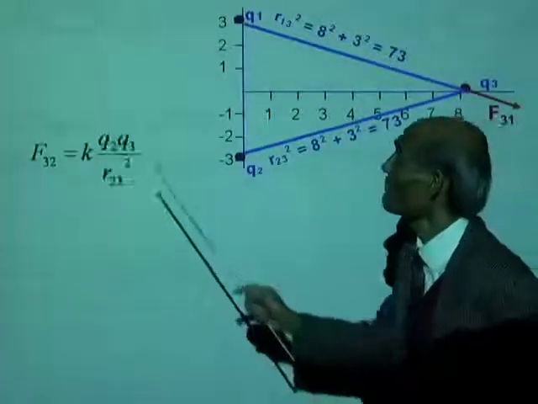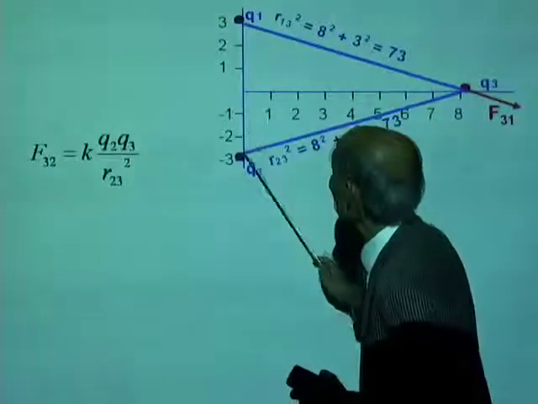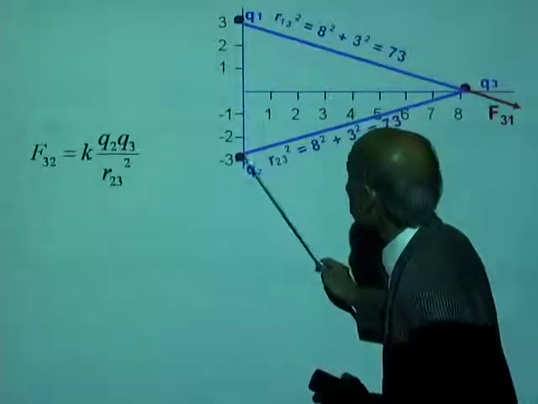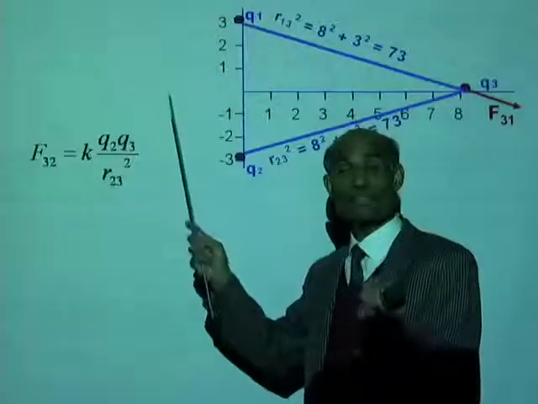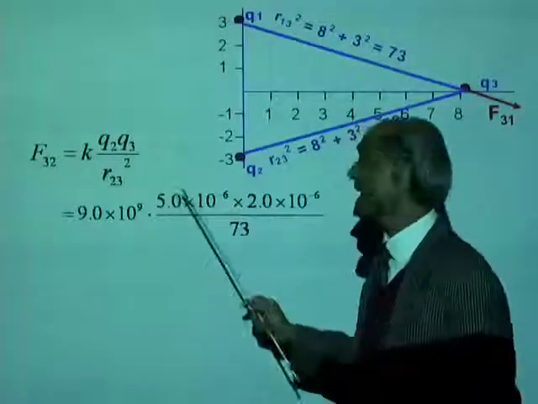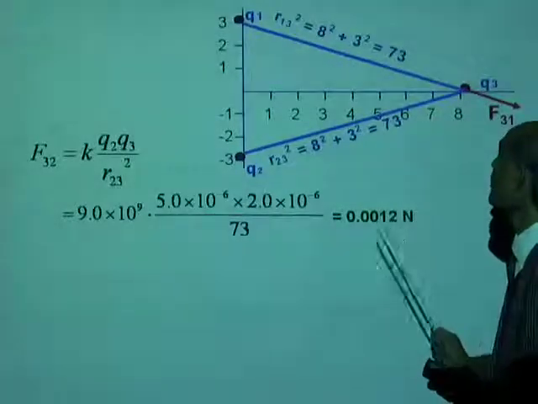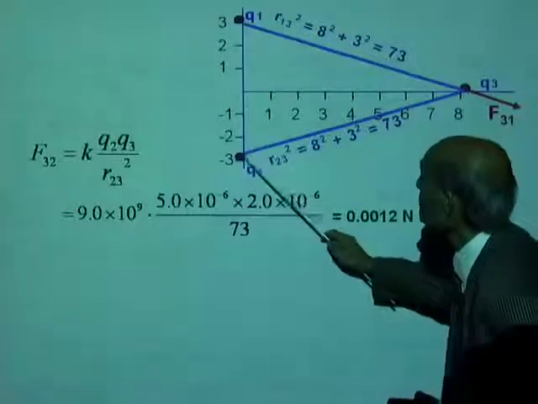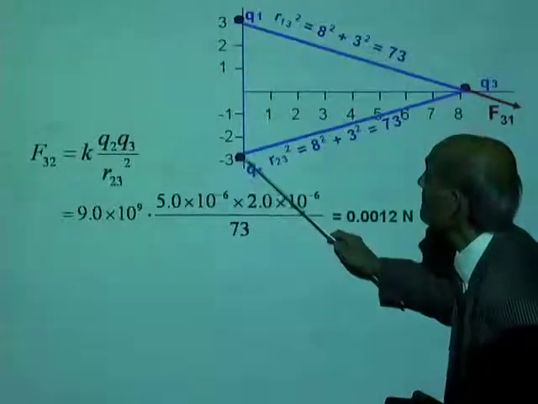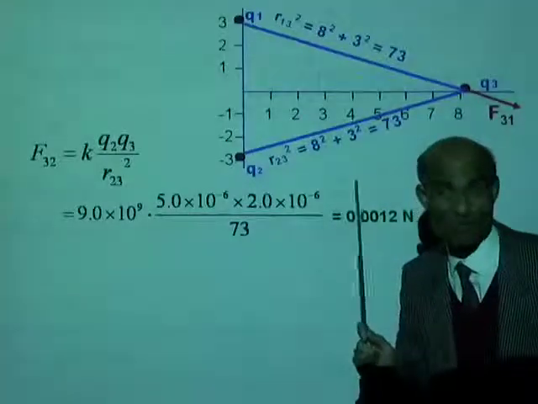Alright, let's now find F32. F32, the force on 3 by 2, will be a similar quantity. All these quantities are the same. And that also equals 0.0012. In which direction? Now Q2 is a negative charge, if you remember.